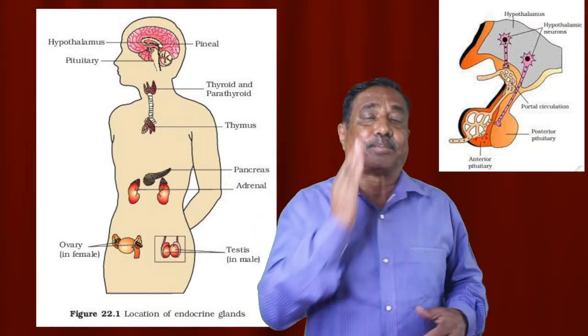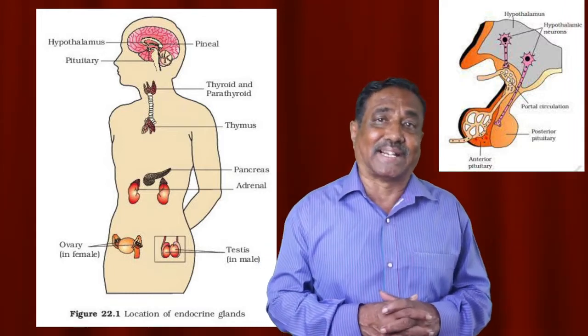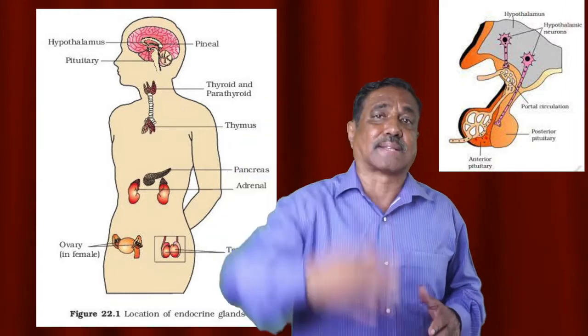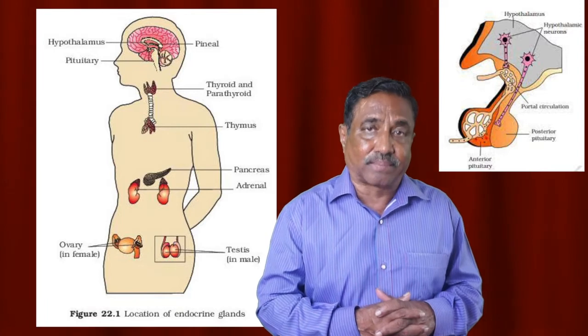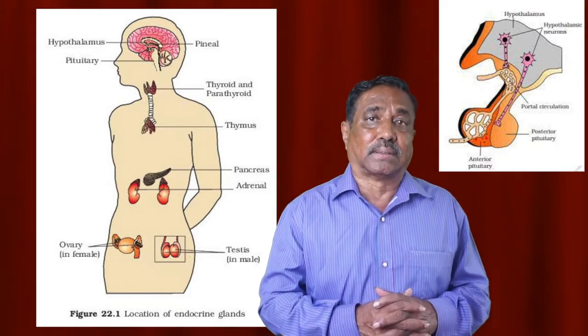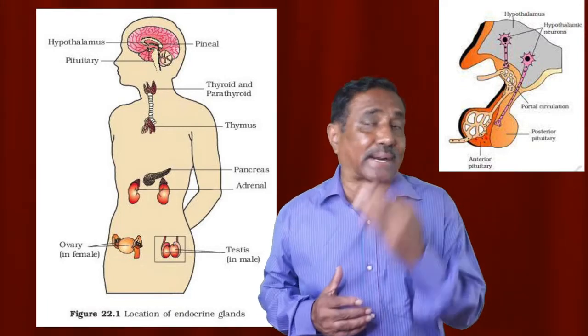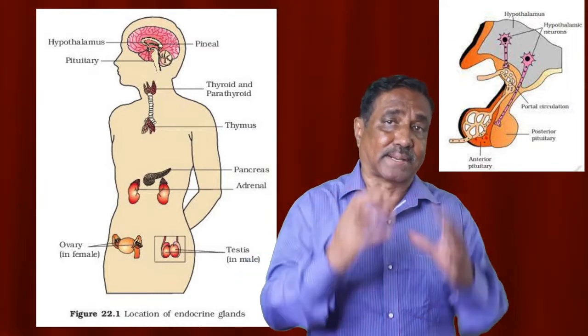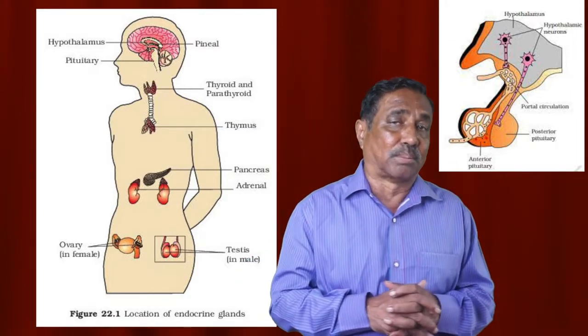In brief, the somatotropic hormone regulates growth in organisms. Over secretion causes gigantism in children, and over secretion in adults causes acromegaly, that is the disproportionate growth of bones.